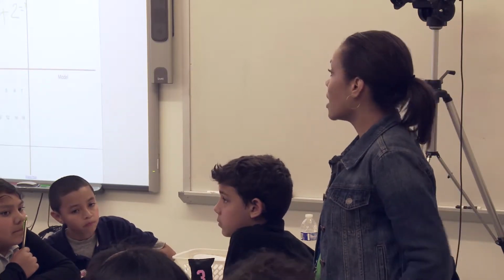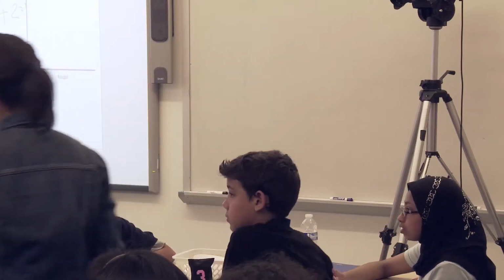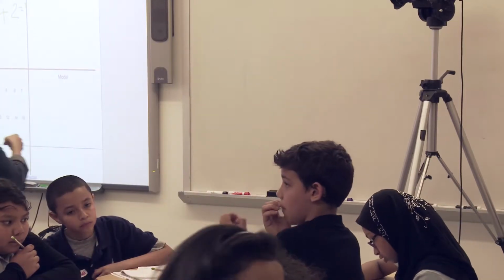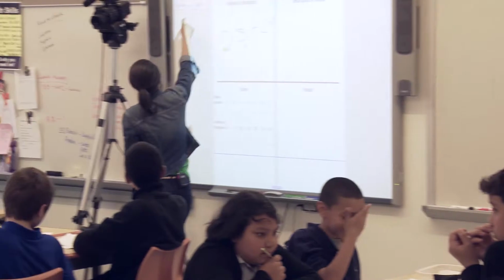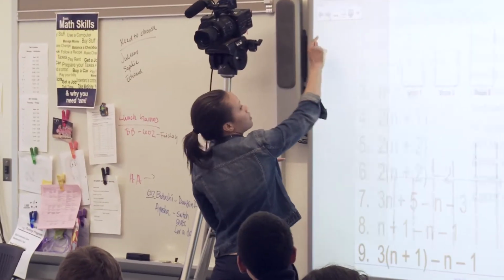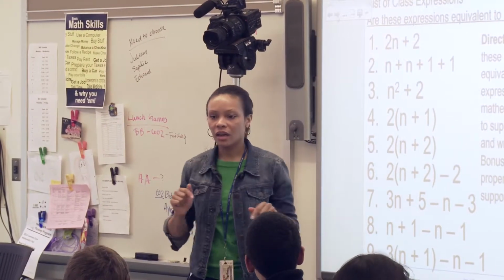Okay, so now that we've acclimated ourselves to writing expressions, I wonder about equivalent expressions. I'm wondering if there were more ways to express that pattern. So here are a bunch of ways, perhaps, we could have written that expression. I wonder which of these are equal to the expression that Kaylee wrote.